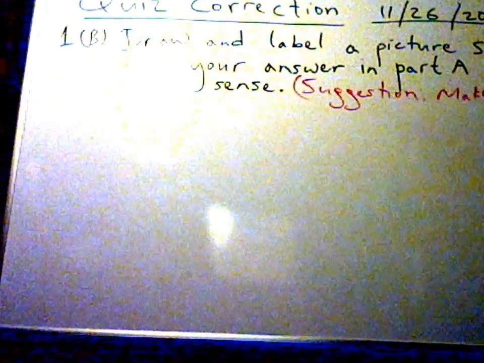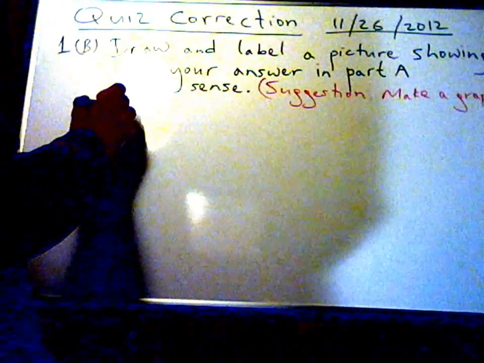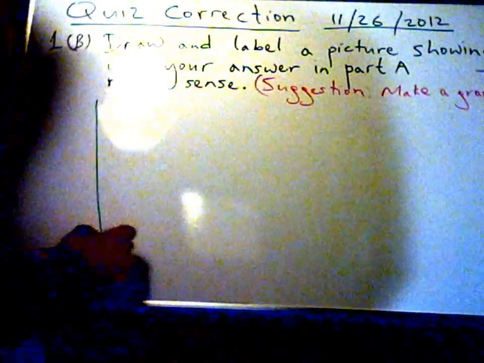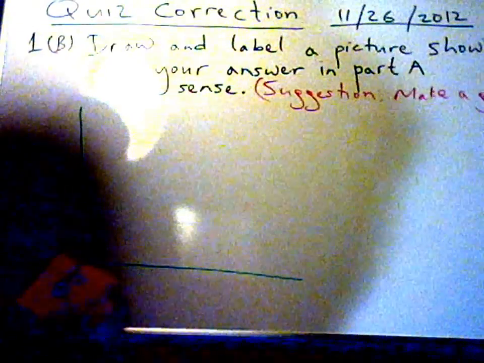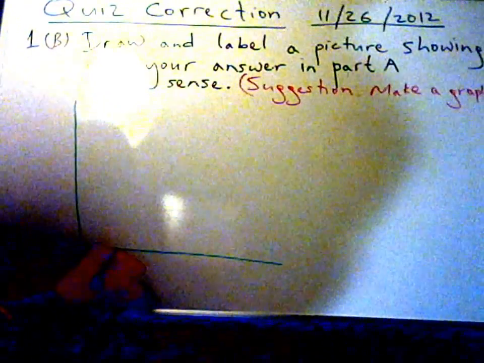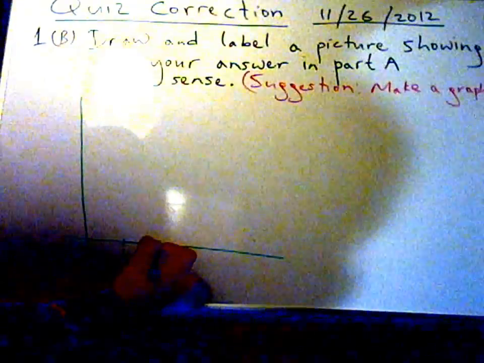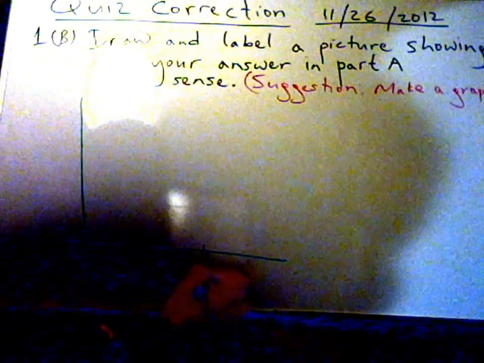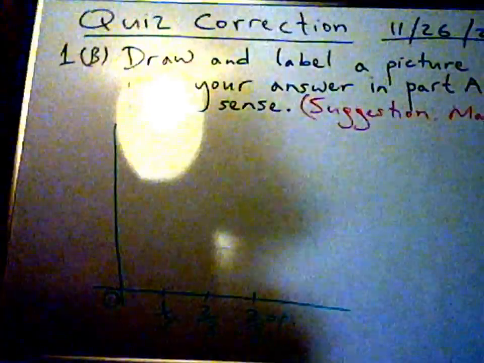So now, if I'm going to make a graph, I need to have the axes. That's the y-axis here, and here is an x-axis. And I want to have a reasonable scale. So notice my scale, I'm trying to be as even as possible. 1/3, 2/3, and 3/3, which is equal to 1.